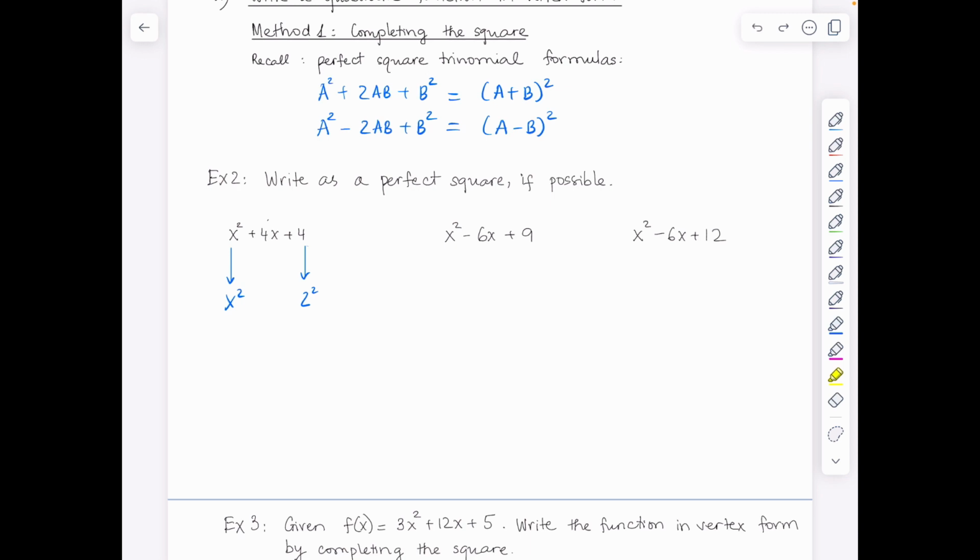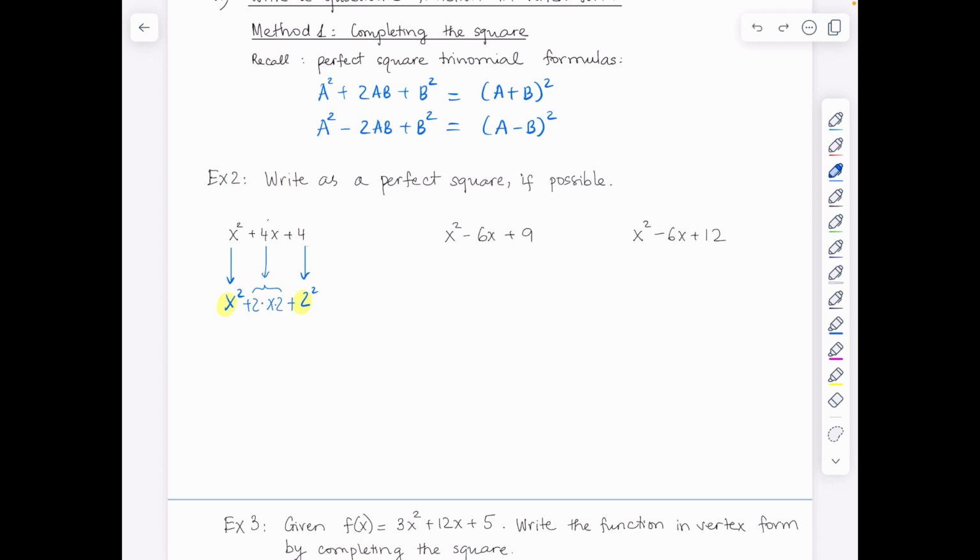So according to this, I can tell that my a, my first term, is x, and b, my second term, is 2. So when we say 2ab, we're looking at plus 2 times x times 2. And then put in the plus sign. Now, just checking, 2 times x times 2 gives us exactly 4x.